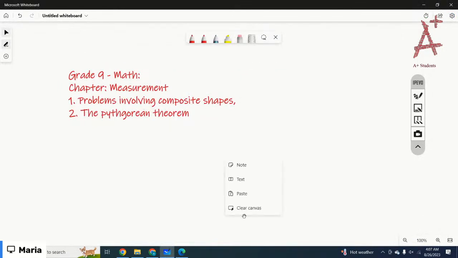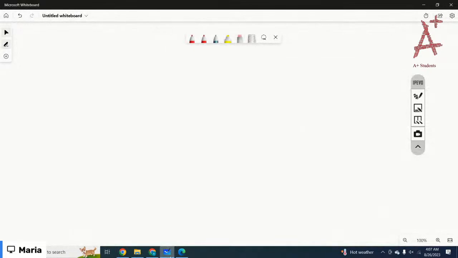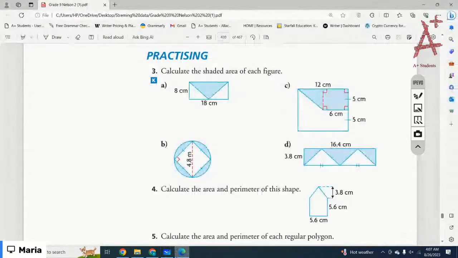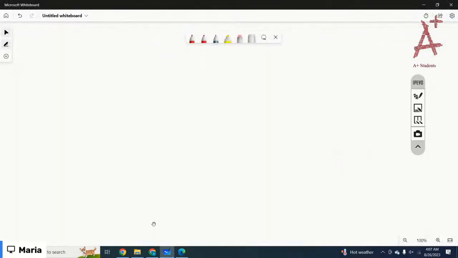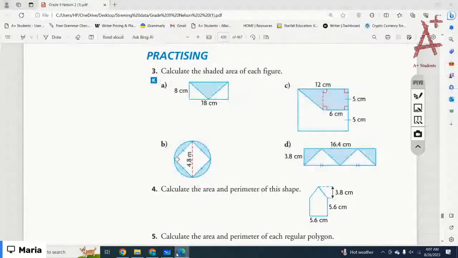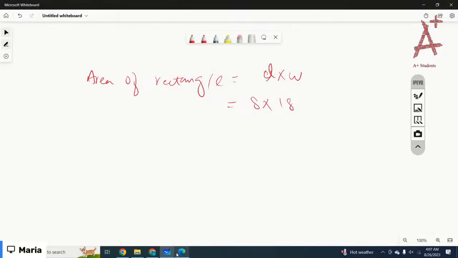Let's start with question number 3. Let's calculate the area of the rectangle, right? That would be length times width. 8 times 18, I think. 144, right?